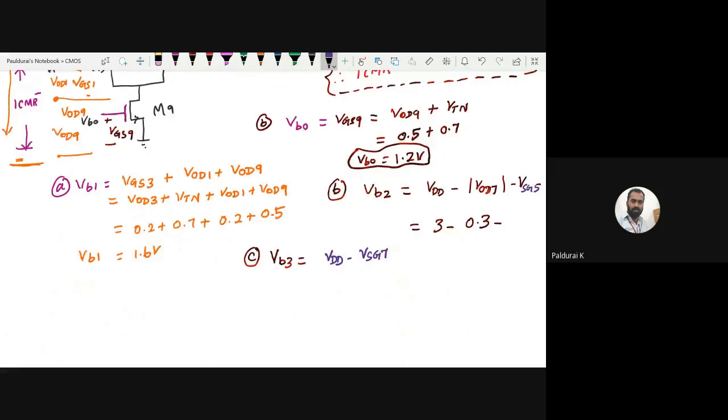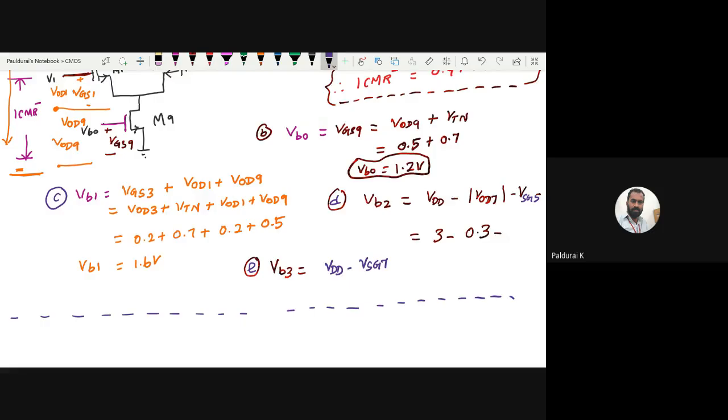So this is the formula. Okay, so note down all the formulas. This is B, take this as C, take this as D, and take this as E. This is the way to write all the formulas. Simple application of KVL. Any doubt in this? How to find ICMR? ICMR is the voltage between input and ground. So the input is V1, to ground.